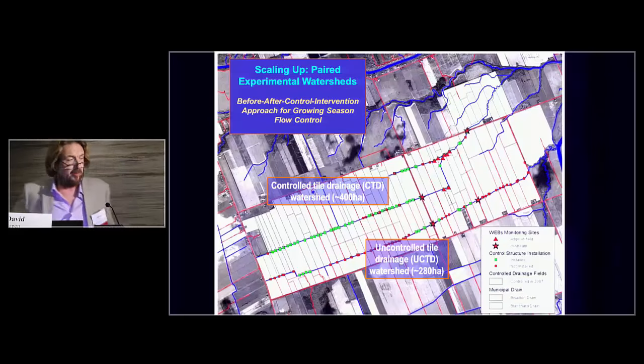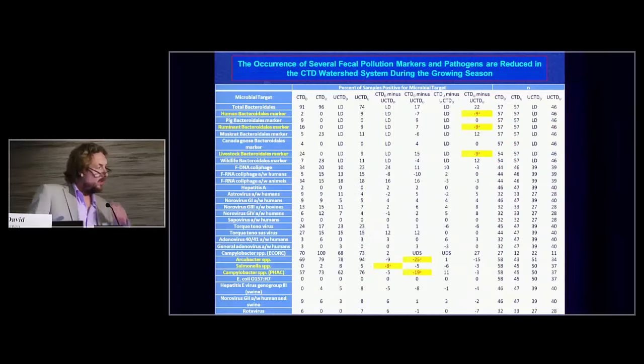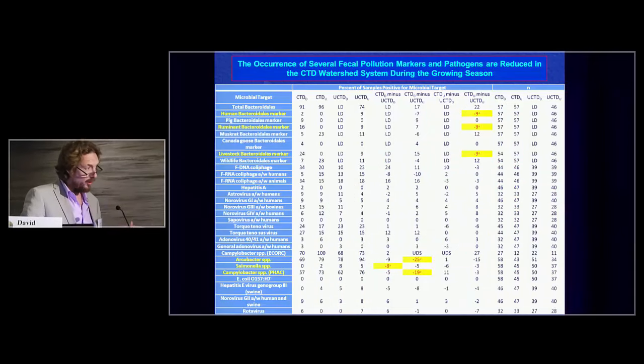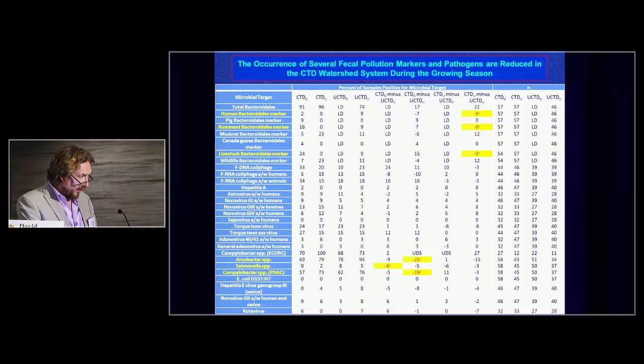So if we scale this up, we see some attributes over managing over a short time period, managing manure-derived pollutants for that purpose. But if we're managing controlled drainage for agronomic purposes over the growing season, and here we have a watershed entirely under controlled drainage and a watershed entirely under free drainage, and if we look at how bacterial endpoints, other viruses, other kinds of microbiological targets behave over the growing season, we see that we can actually reduce significantly Arcobacter, Salmonella, Campylobacter, and a variety of microbial markers here that are indicative of source.